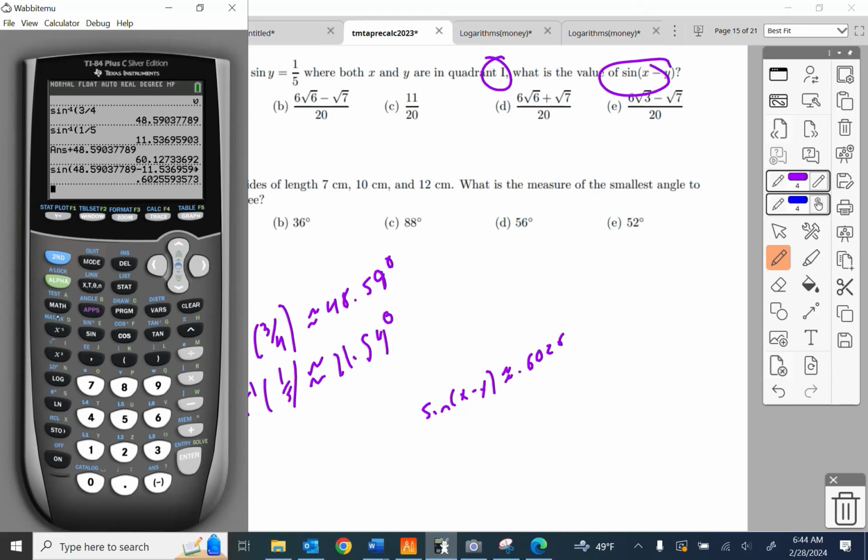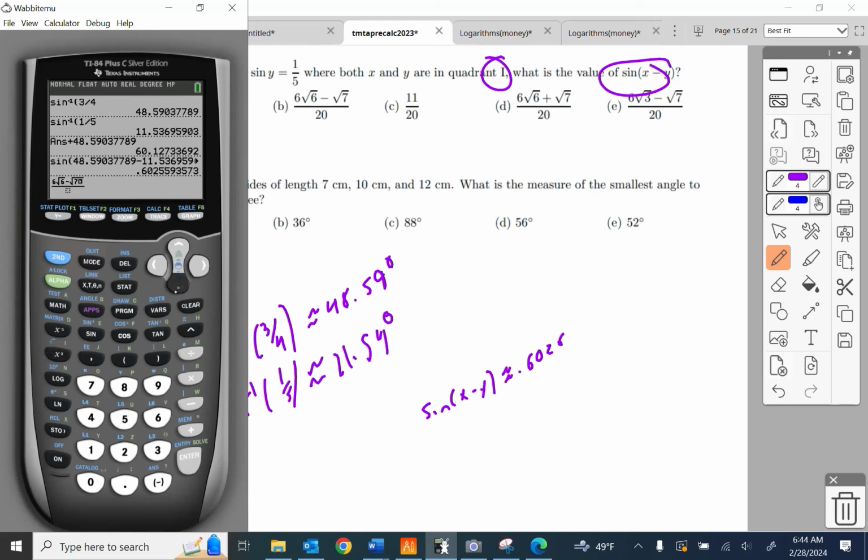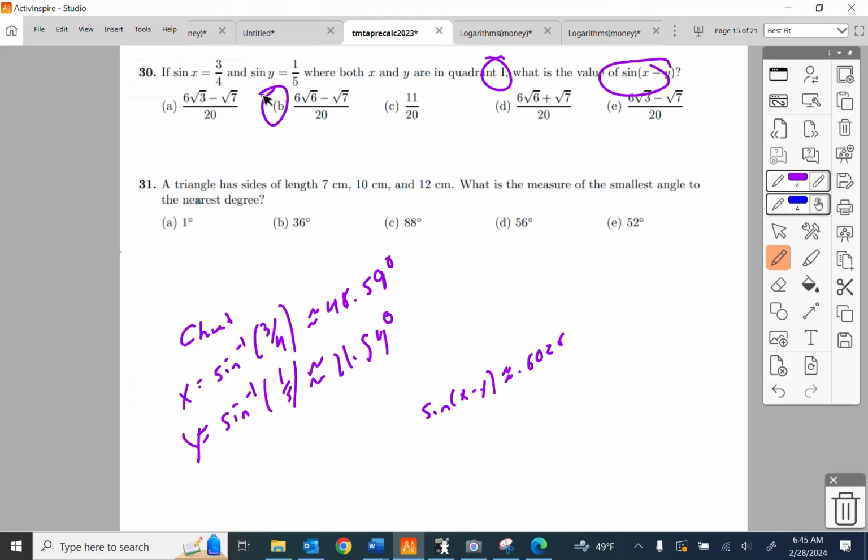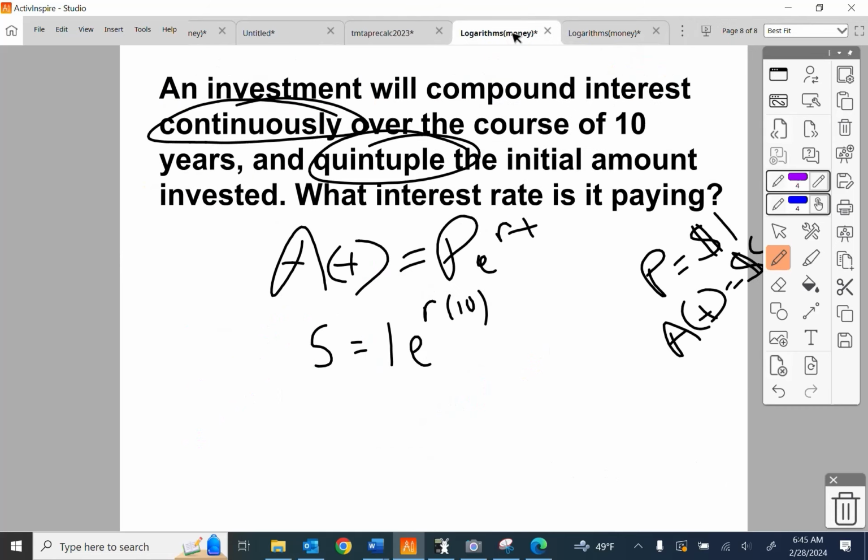Let's look at choice B. Oh, look, I found it. Sweet. Found it. Let's see here. Let's see how we actually do that properly.